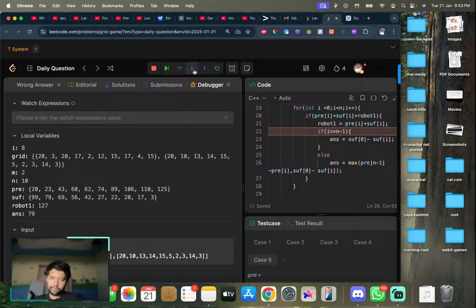So 125 minus 110 is 15, which does not work. 99 minus 17 is 82.